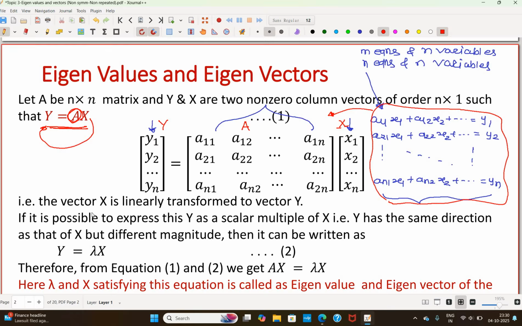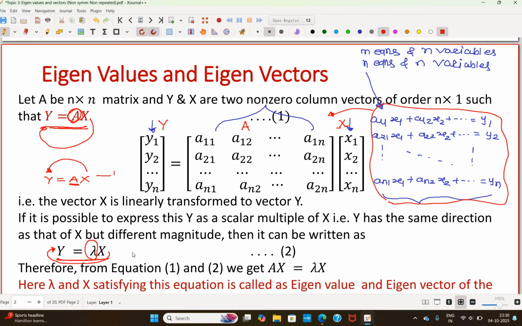Correct? Okay. Now the next term is y equal to lambda x. Now y, which is equal to ax, means this matrix of transformation is transforming x to y. Instead of using a matrix here, can we use a certain lambda so that x gets transformed to y by means of a scalar instead of a matrix?